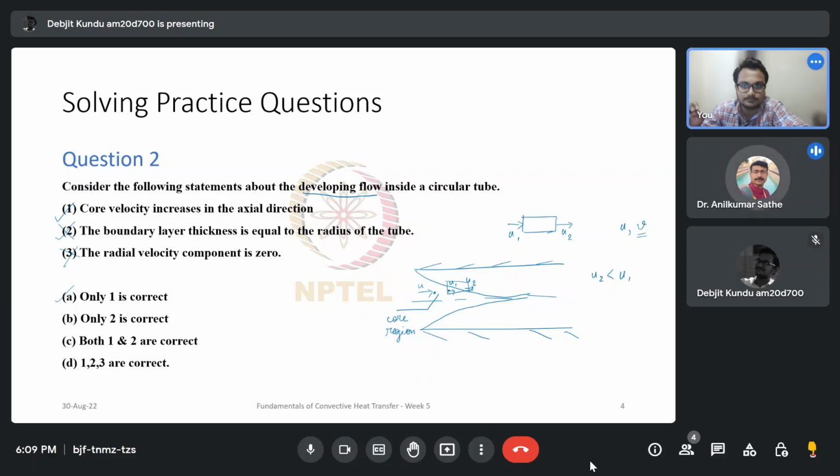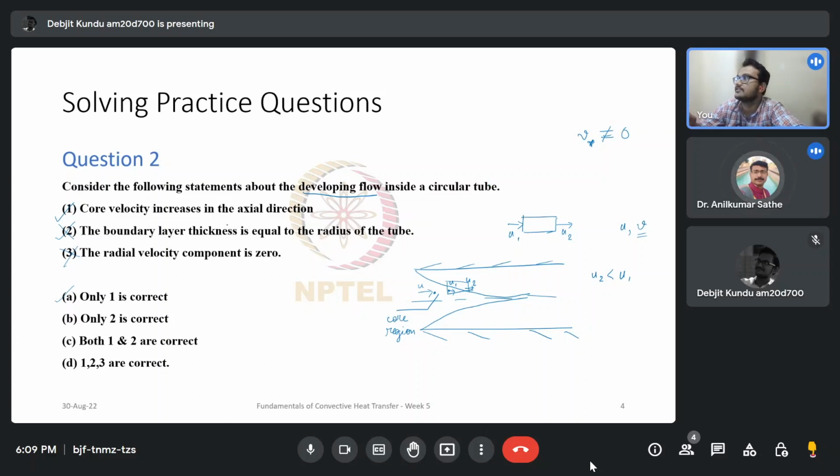Sir has explained the entrance region separately, that is developing flow and fully developed flow. In his slides, he has mentioned that Vr is not equal to zero for the entrance region. Why? Because velocity in radial direction is not equal to zero. That is, streamlines are not parallel. Correct.